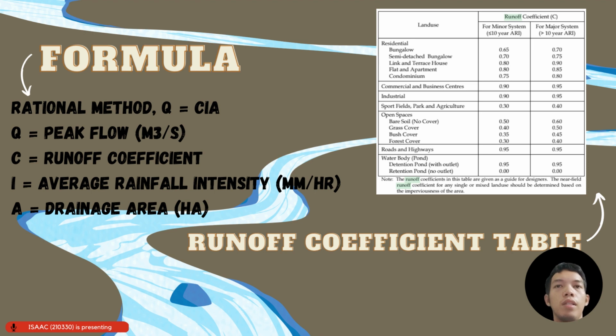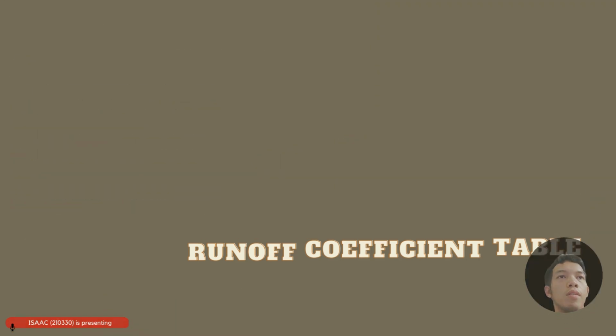To identify the runoff coefficient, we first need to know the land use of the area that we study. As stated in the runoff coefficient table, different areas have different runoff coefficients.